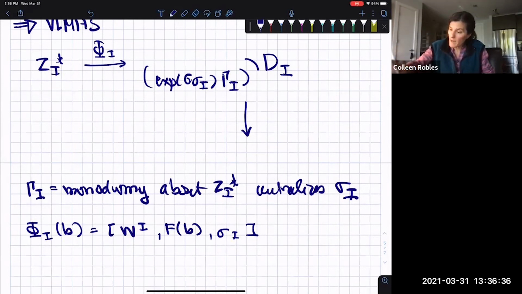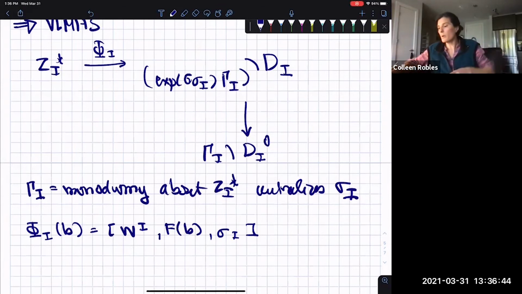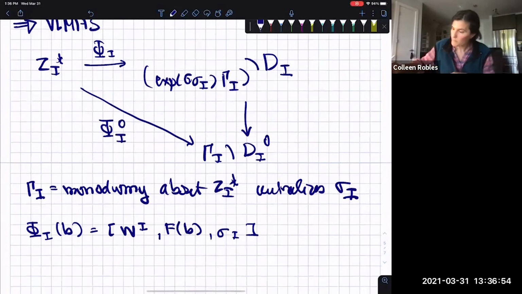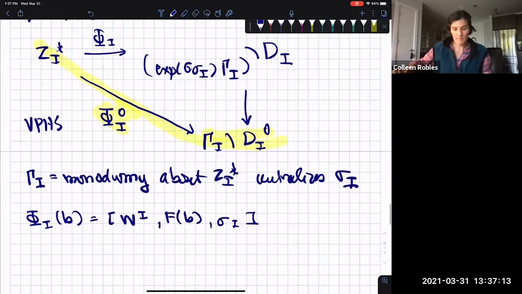So I can pass to a quotient which will wipe out the ambiguity in the nilpotent cone and get a variation of polarized Hodge structures along the strata. And this is where I'm going to start to look for my compact varieties in the boundary.